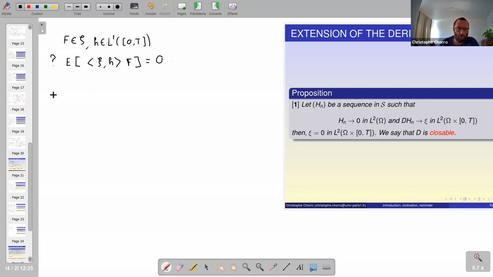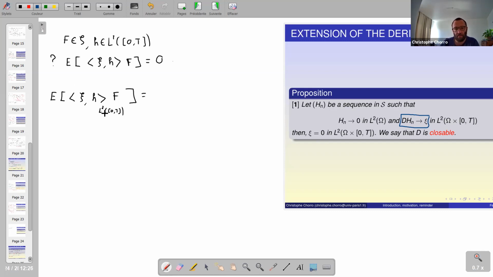So let's consider the term that interests me. And here I remind you that it's the scalar product in L2 of 0 capital T. What is C in my statement? C is the limit of D of Hn, but in the space L2 of omega times 0 capital T. So D of Hn converges toward C in L2 of omega times 0 capital T.